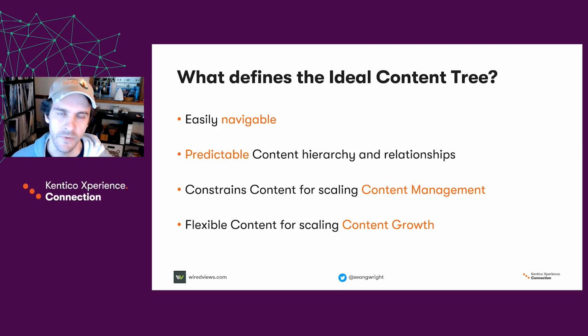We want to add new features, new products, new landing pages. So we need to have something that fulfills both content management from a quality perspective and also content management from a creation perspective. And notice these are all constraints again, but these are the right constraints for a content tree that is going to grow well with a site over time.